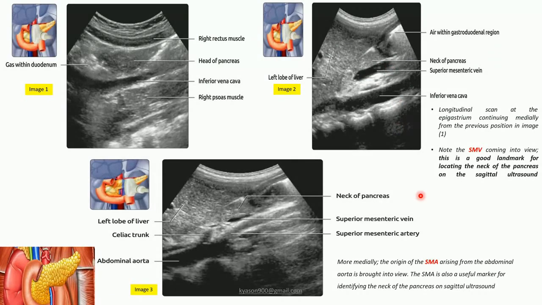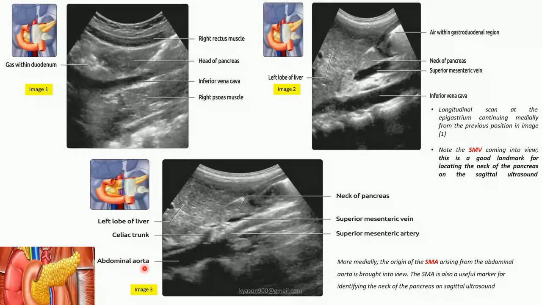In this image, we can still see the structures behind the neck. Again, that's your neck there. You can see the superior mesenteric vein and the superior mesenteric artery. The vein we've already identified. The artery, in this longitudinal view, you can see it coming off from where?